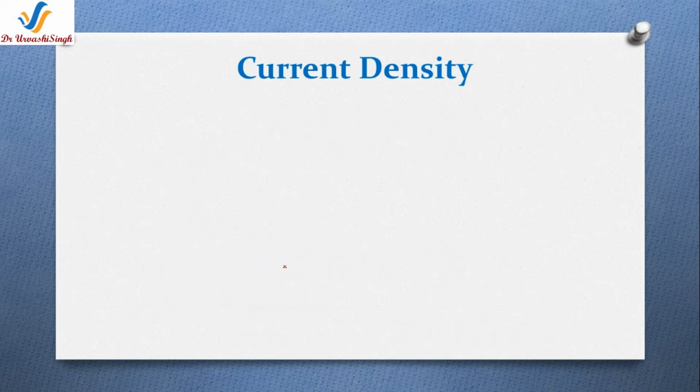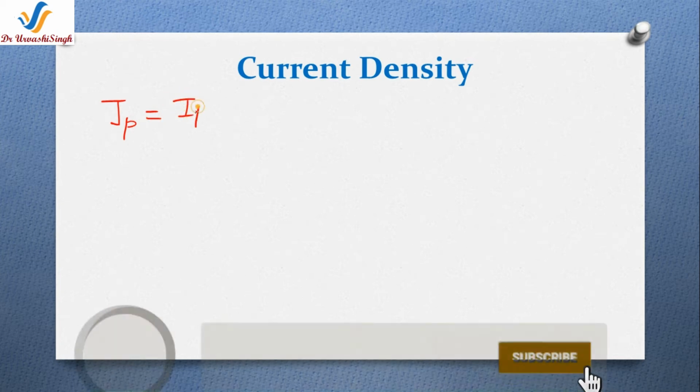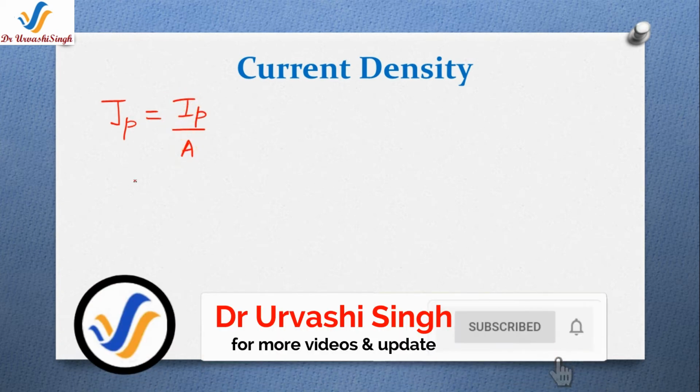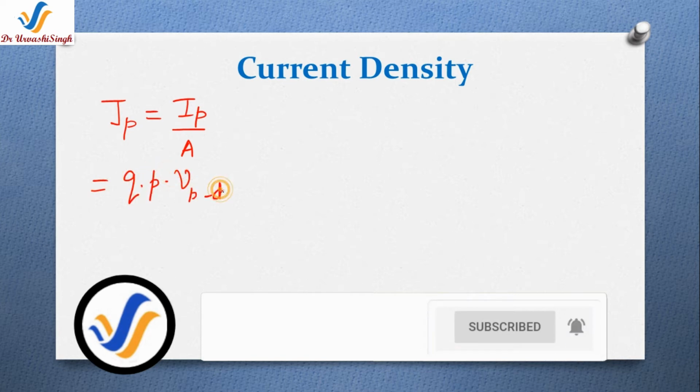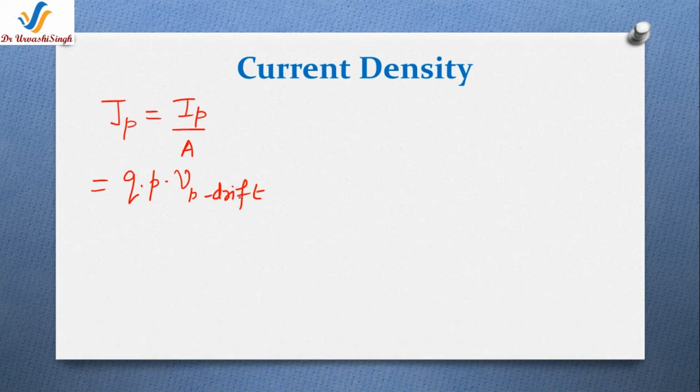After the drift current, the next is current density. It is defined as the current per unit cross-sectional area, and for the holes it is Jp equals Ip upon A. So simply it is q p Vp drift for the holes, and this Vp drift is mu p E. We have already seen that drift velocity is proportional to the electrical field.